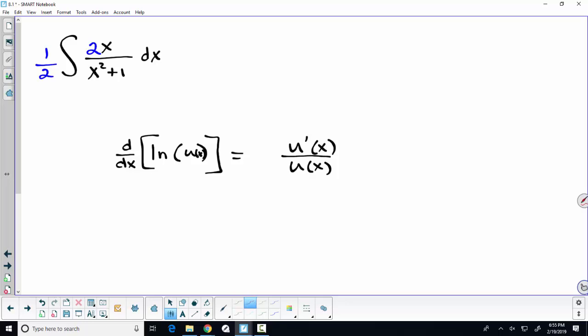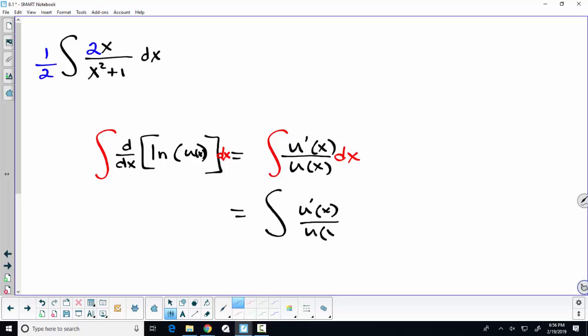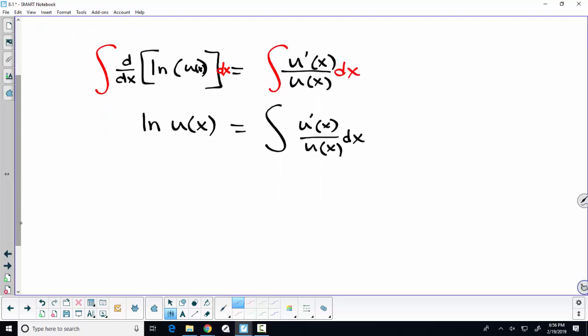So what that leads us to is that if I take the antiderivative of both of these, the antiderivative of u prime over u is the natural log of u, since the derivative and the antiderivative undo each other. We're a little bit sloppy, but that's pretty much the main idea. If you've got a function's derivative over the function, it's natural log, it's logarithmic.